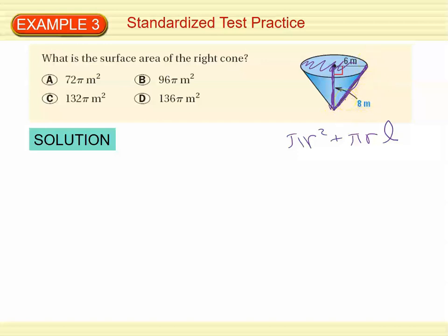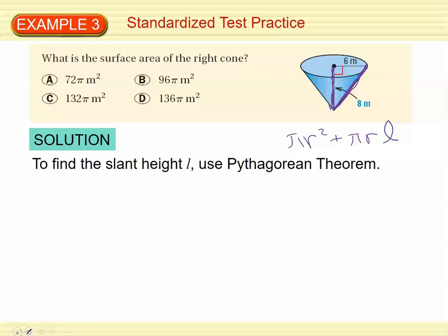So before we can do anything with this problem, we need to solve for that lateral height. But we can do that the same way we did before, because you can see that the height, the lateral height, and in this case, the radius, form a right triangle. So we can use a right triangle and use Pythagorean theorem.